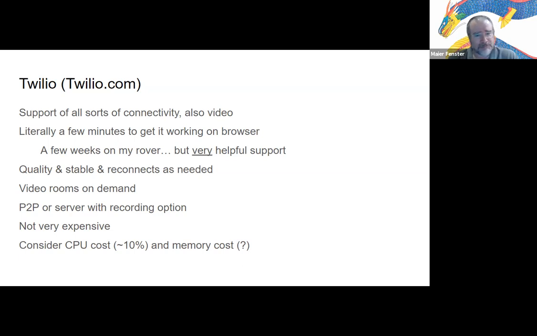But video can be intensive, and using it uses up about 10% of my CPU, and I'm not sure how much of my memory. And we need this memory for image processing, which right now we're not doing much of, but we will be.